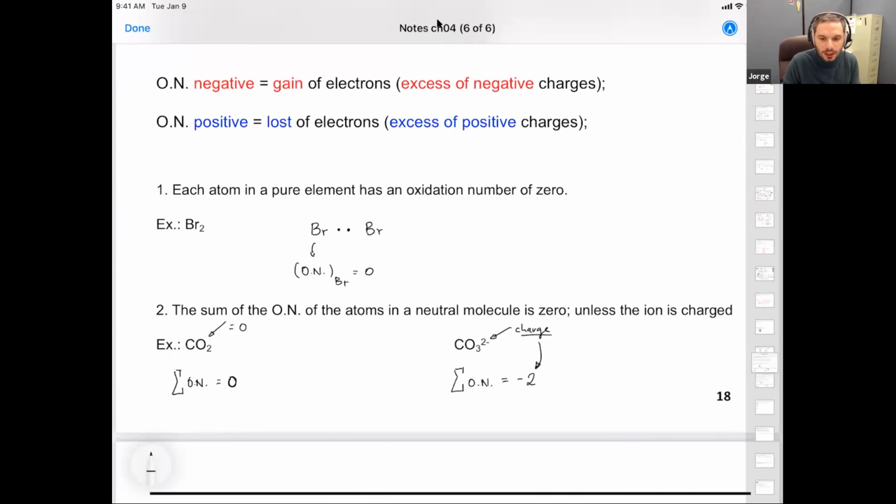Okay, so be careful when we have a neutral molecule and a charged ion. In the case of the neutral molecule, the sum of all the oxidation numbers for each atom has to be equal to 0. When you have a charge, the sum of the oxidation numbers for each atom has to be equal to the charge of the ion.